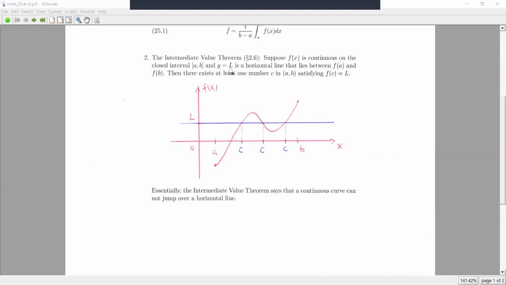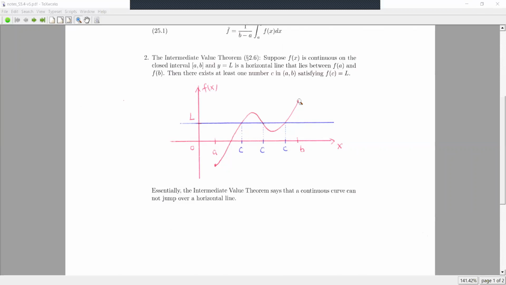All the points that satisfy this equation is a horizontal line. Now suppose this horizontal line lies between function value at A and function value at B. Yeah, this blue horizontal line is between this solid point and this solid point.